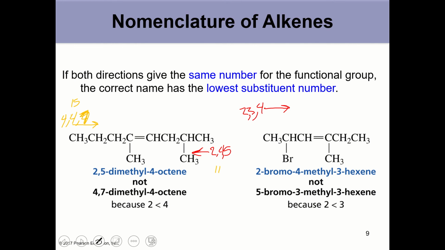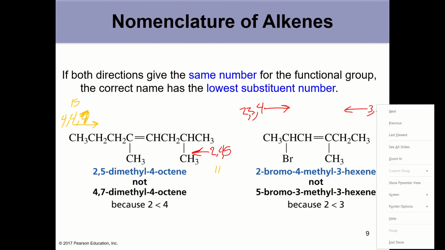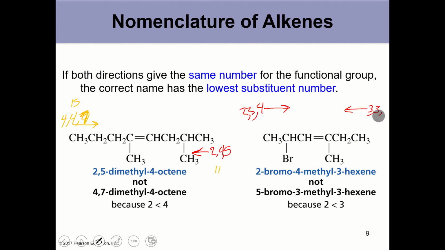If we start numbering from the right towards the left, we would have a substituent at 3, the pi bond, and then at carbon 5. 2, 3, 4 is less than 3, 3, 5, and so the correct numbering would say 2-bromo-4-methyl-3-hexene.